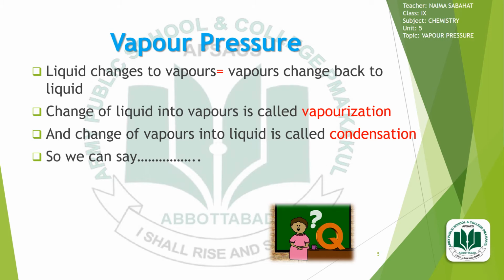So we can say that vaporization has become equal to condensation. What does it mean? It means that the number of molecules of liquid changing into vapors is exactly equal to the number of molecules of vapors changing back into liquid.